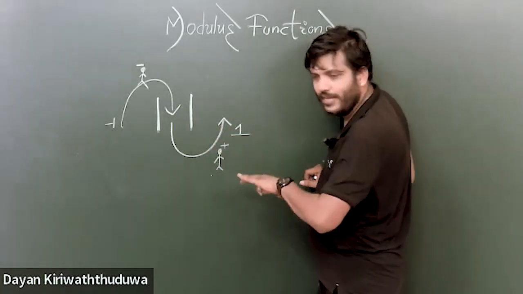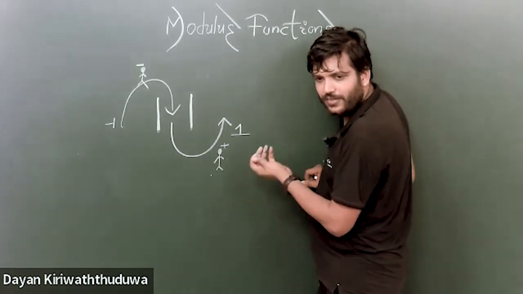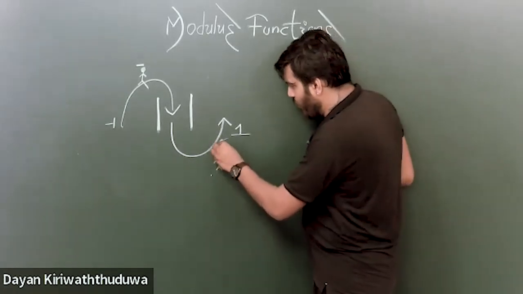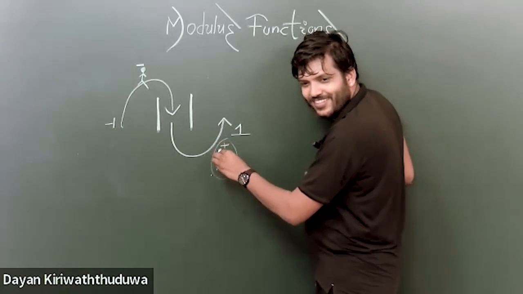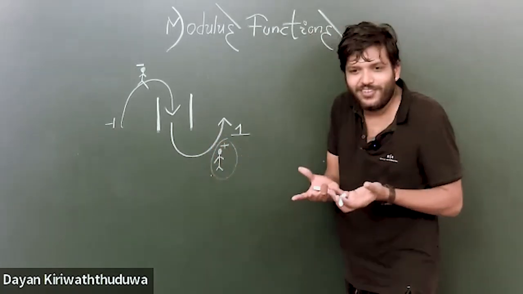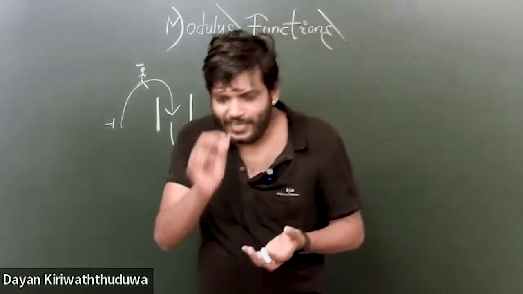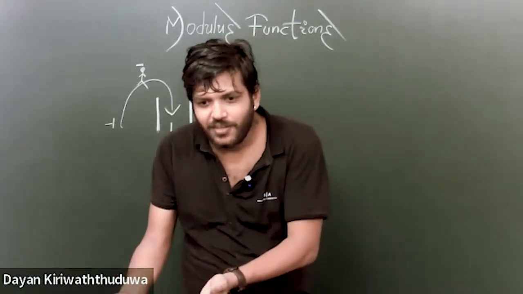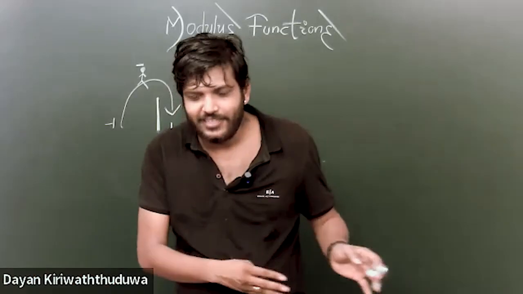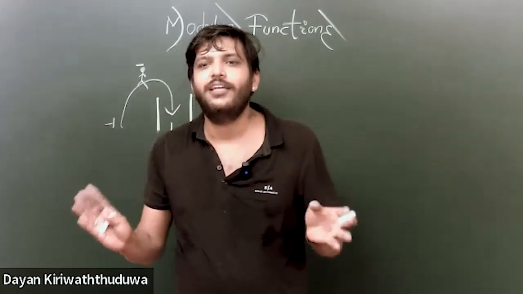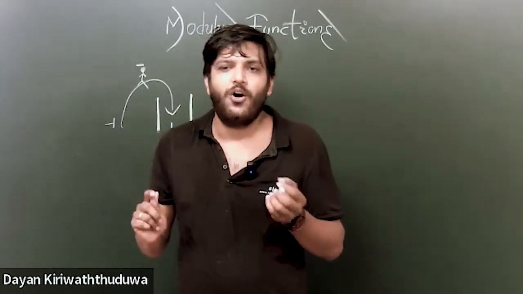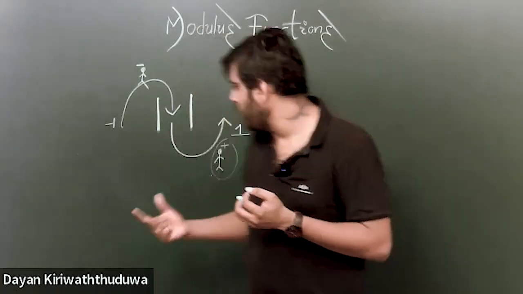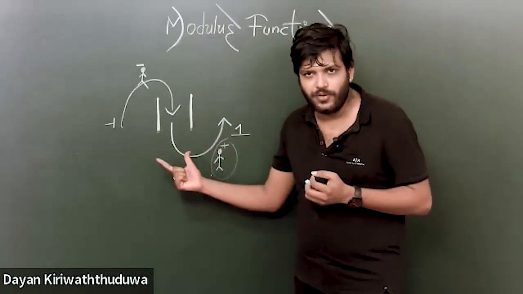It makes all the negativities positivities. But the good news is we don't even call it positive, we only take the magnitude. When it's positive, there's no sign here, it's only the magnitude. Are we clear? The people who are online, you get my point here? How the modulus nature is actually treating you?